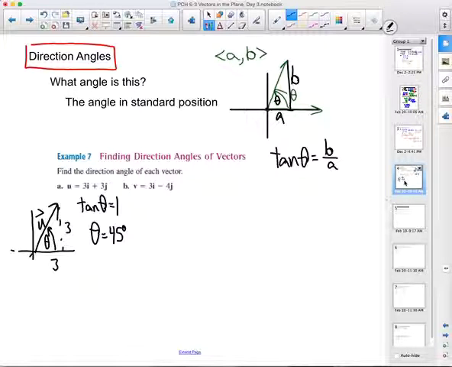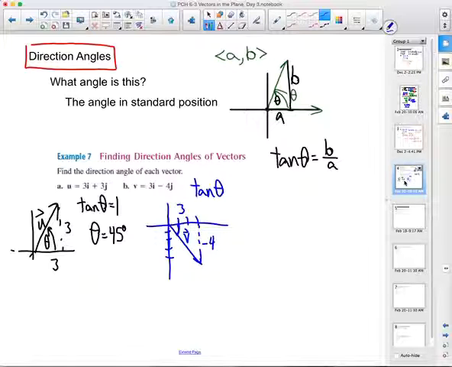Now, we can see that here on this other one, on vector v, where we have to really think about that, okay? Vector v is 3, -4, okay? So here's our vector v. Now, if this is -4 and this is 3, here's our angle we're looking for. The tangent of theta, actually, I'm sorry, this is not the angle we're looking for, that's the reference angle.